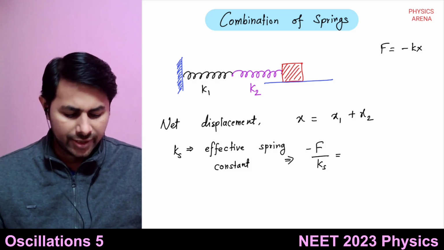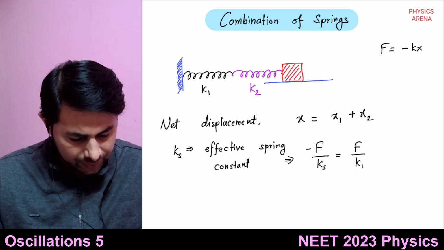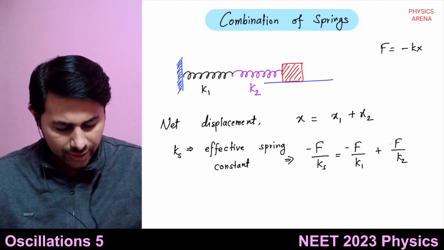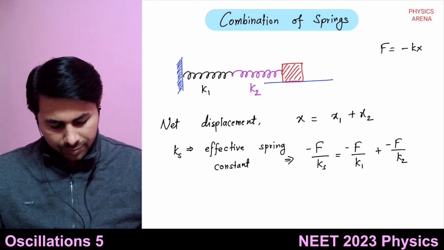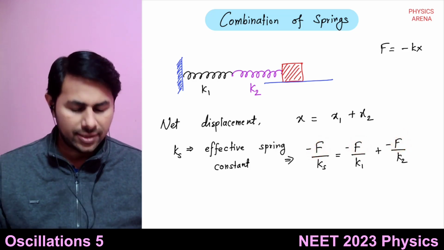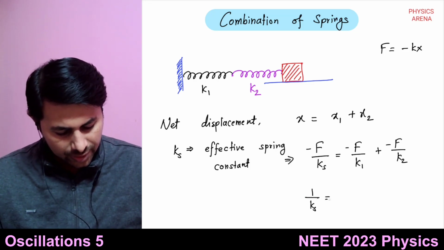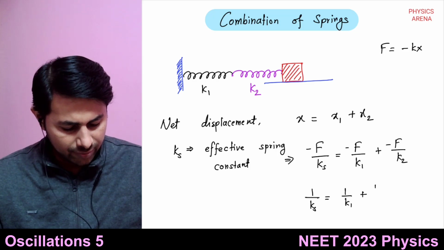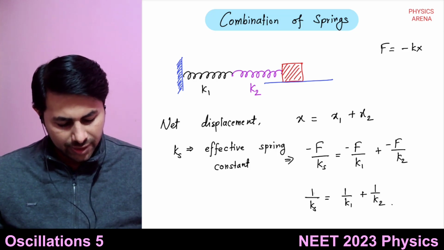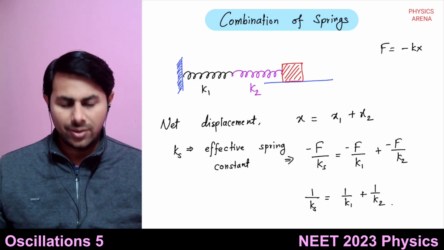It's equal to x1, which is F upon k1, plus x2, which is F upon k2. You can take F common and cancel it out. So you get this relation: 1 upon ks is equal to 1 upon k1 plus 1 upon k2. This is the effective spring constant ks for series combination.